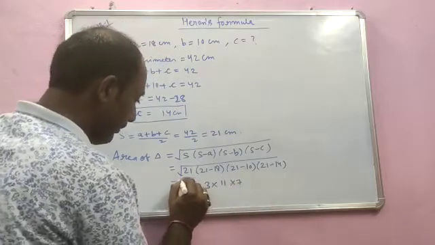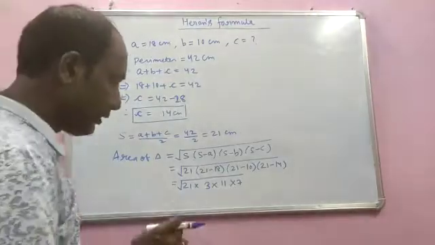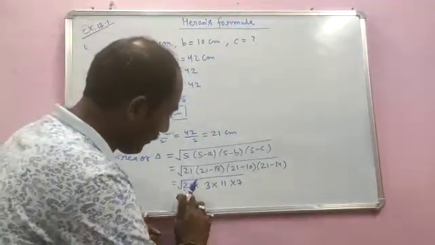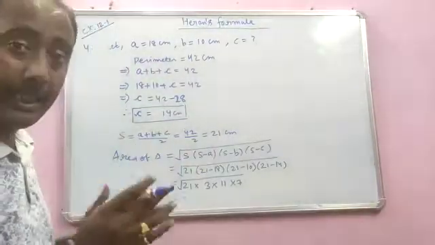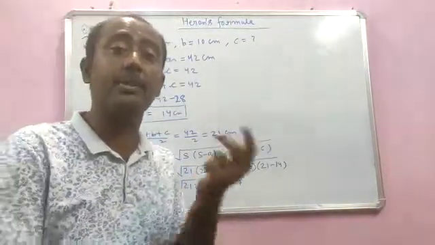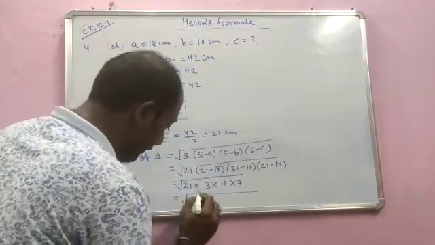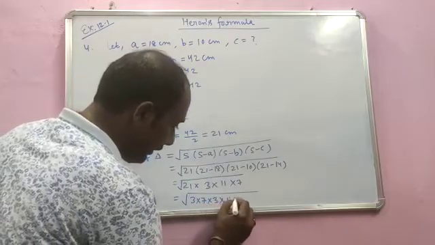Now from here onwards you have to be very careful. What most students generally do is go for multiplying all the terms. No need, just go for prime factorization and try to collect those pairs which you can take out. So here I am doing the same. I can write 21 as 3 into 7, into 3 into 11 into 7.